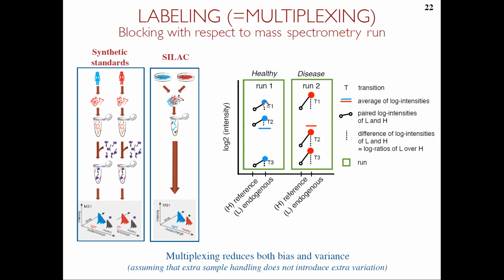But now if we look at the deviation of blue endogenous from the corresponding labeled reference, we see that these changes are systematically smaller than if we look at the changes of red from the corresponding reference. And so this is another example of blocking. Because these changes are larger than these changes, it points to the difference. And again, remember it's on a log scale, so we're talking about log ratios. So that's another example of that.